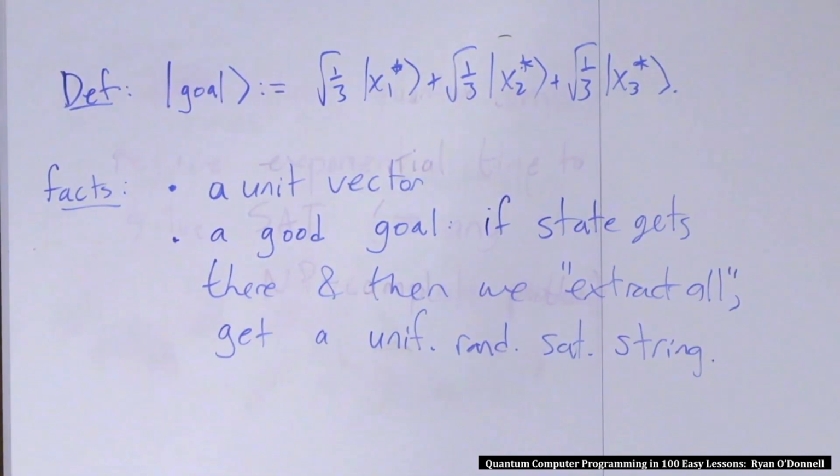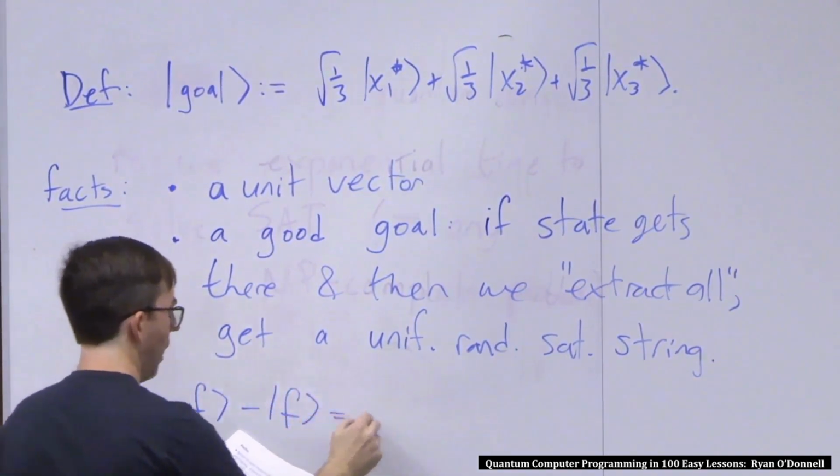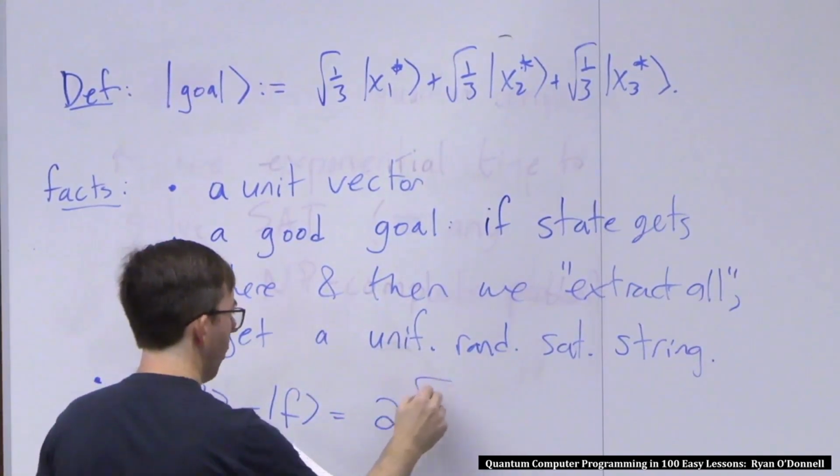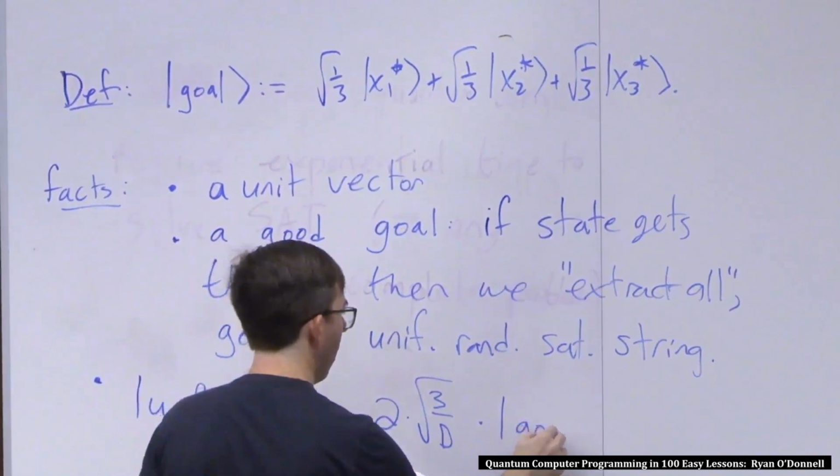And the last thing I just want to calculate is how we write this vector, unif minus f, in terms of goal. As I said, goal is just a scalar multiple of this unif minus f. And what is the scalar multiple? Well, you can compute it. I'll just tell you, or we'll check. It's 2 times square root of 3 over d times goal.